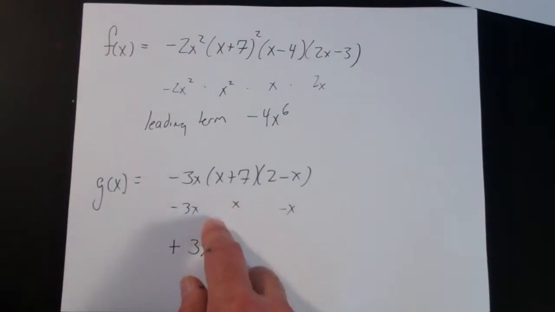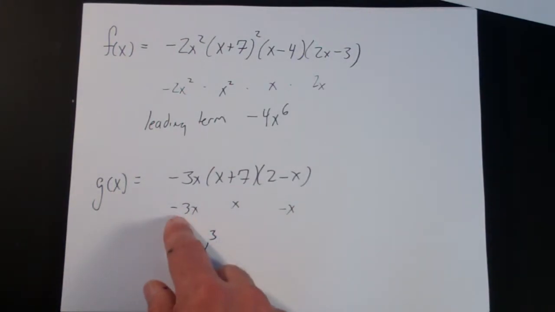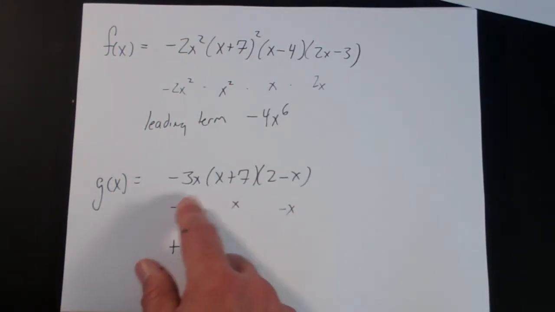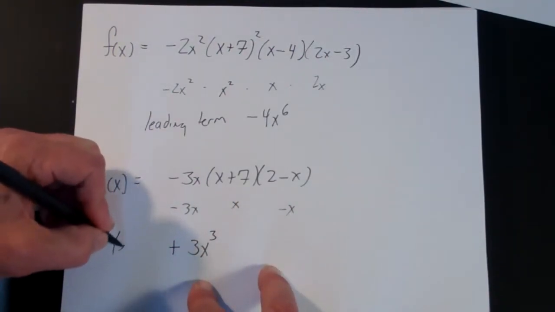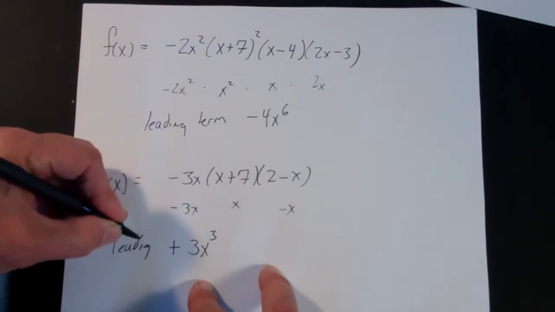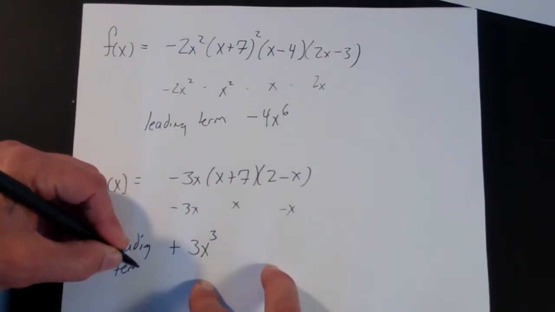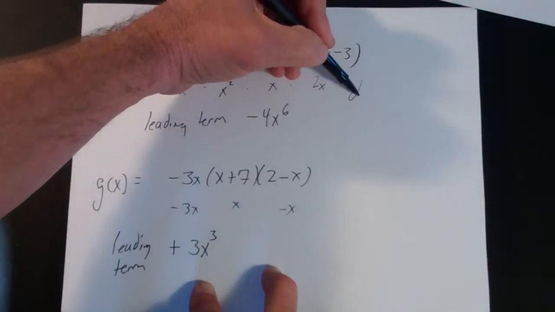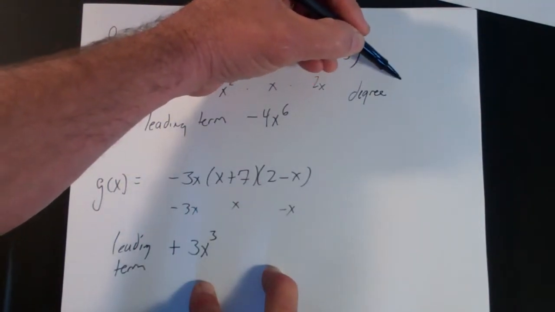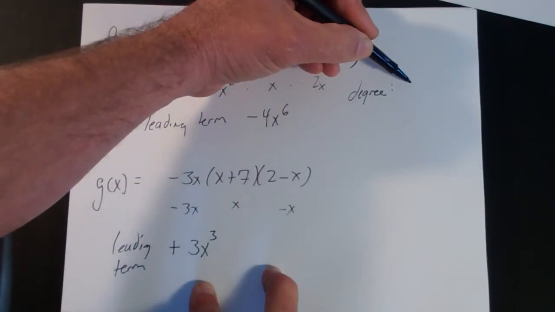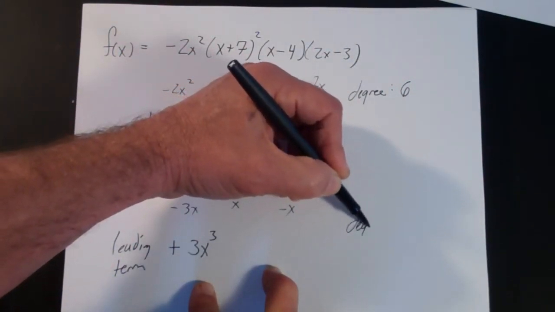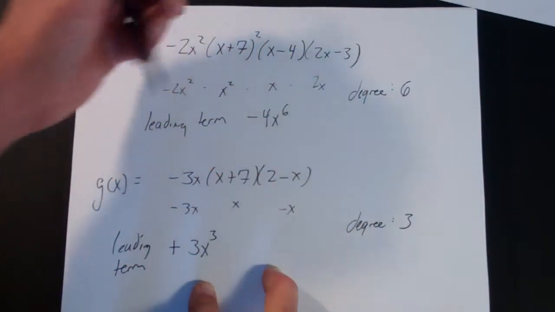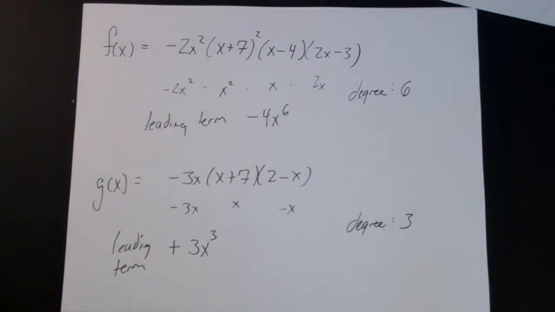Because you have x times x times x cubed. And you have a minus 3, but you also have a minus x. So a negative times a negative is a positive. So the leading term now is going to be positive 3x^3. And then you can find the degree. The degree of the first one will be 6. The degree here will be 3. The leading coefficients are minus 4 and 3.